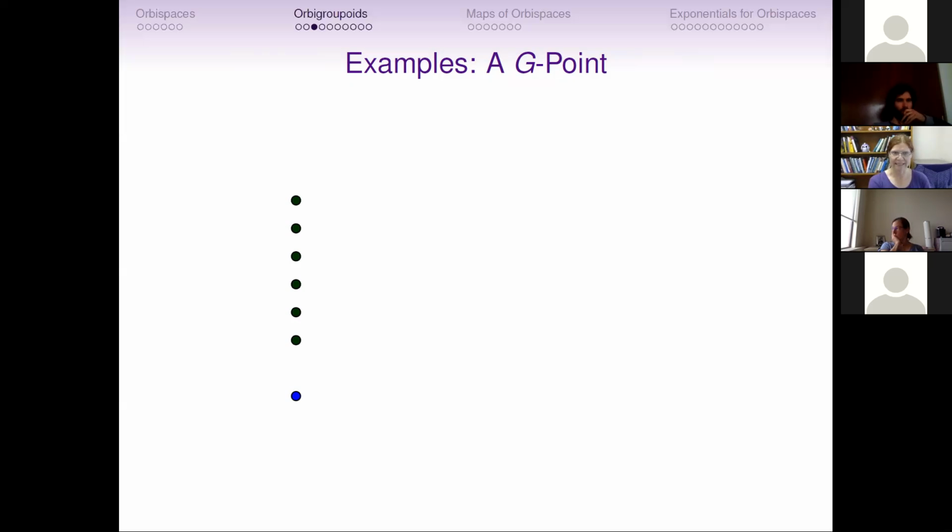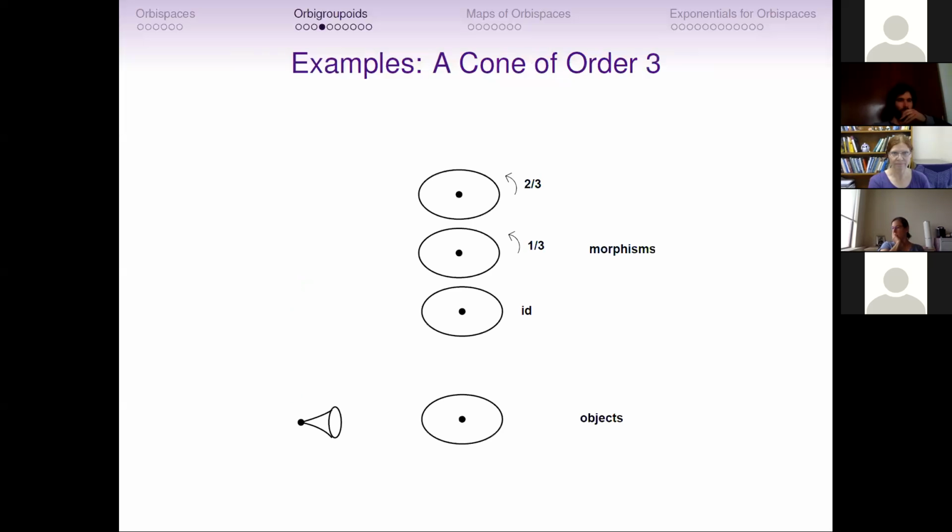Okay, representing my point. Okay, here's my cone represented as an orbigroupoid. So my quotient space, that little horn over there, you can see it's turned on its side, and I've got my singularity point down at the end, and then all the other points around.